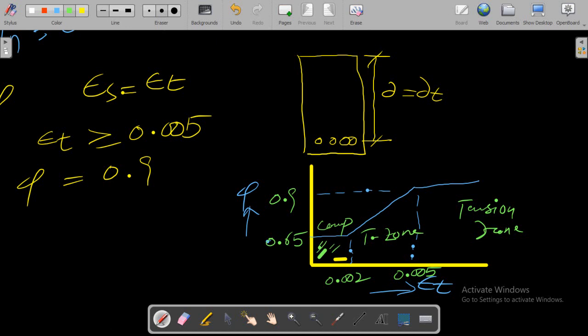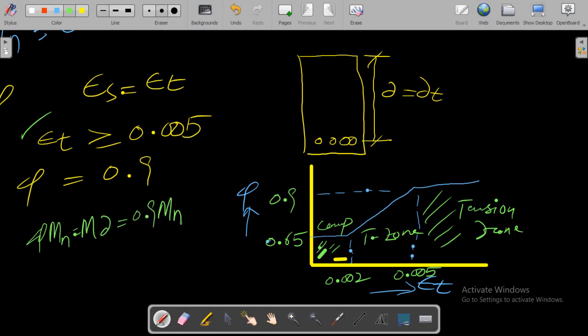Now, if this condition is satisfied, it means we are in the tension zone, and we can use phi equals 0.9. We can easily find out the design capacity of the section, Md, which is 0.9 multiplied with the Mn value as we calculated above.